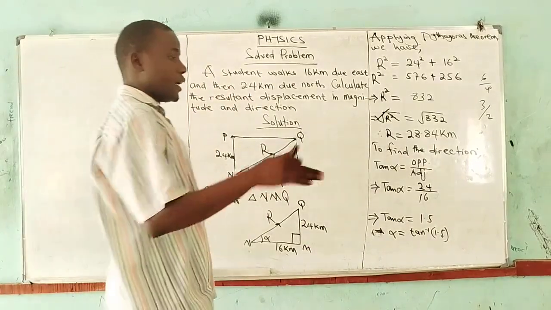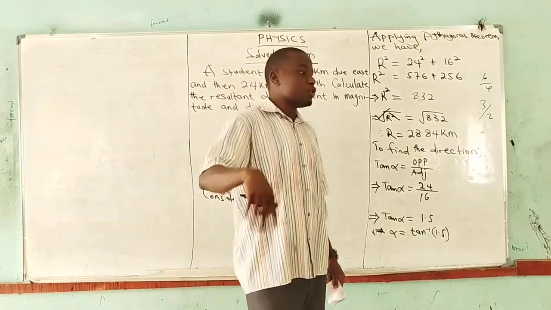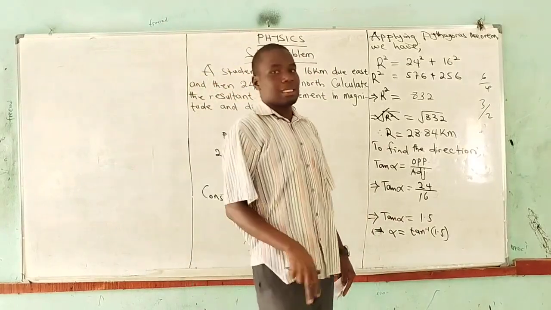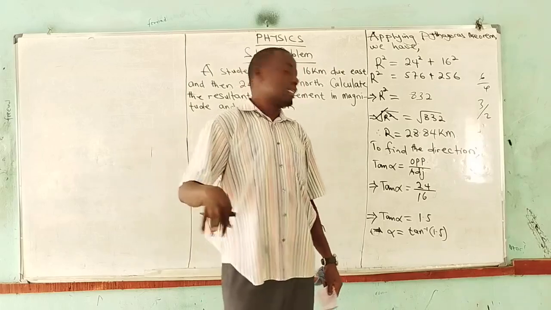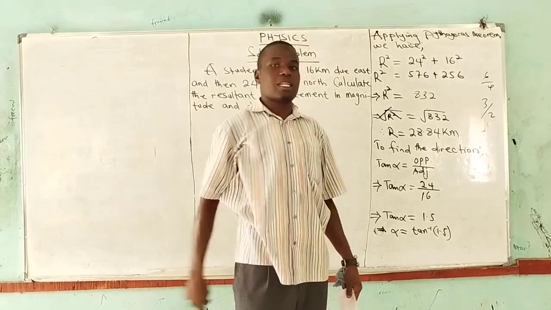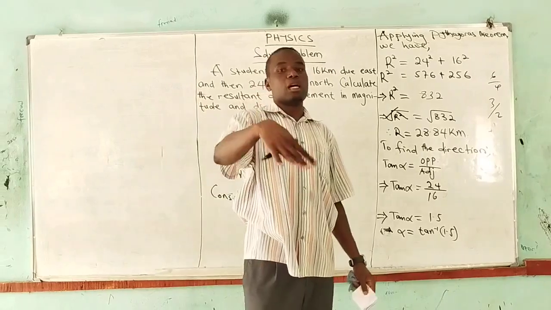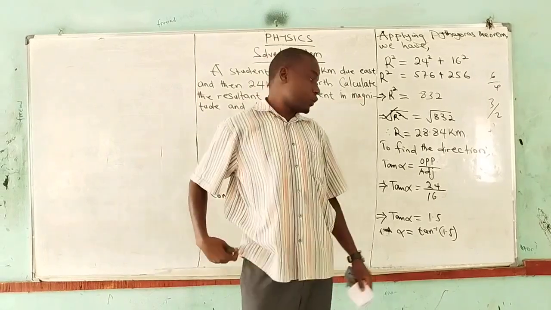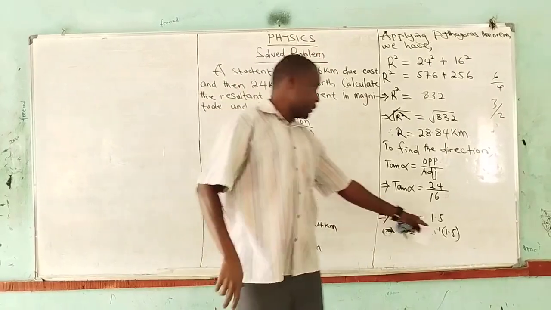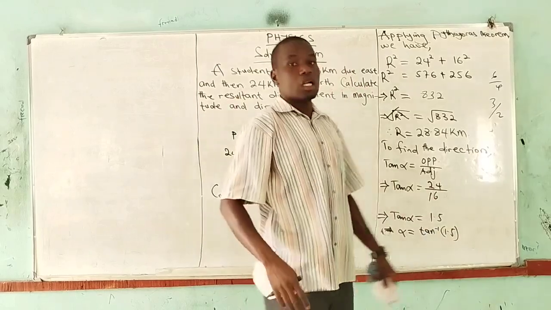If you have a normal calculator like ours, you press 1.5, then second function, then tan. Make sure your calculator is in degrees. The result will display. If you have a scientific calculator, you press shift tan, the tan inverse will appear, then you press 1.5, then the equal sign.